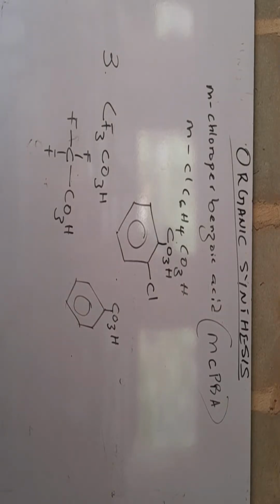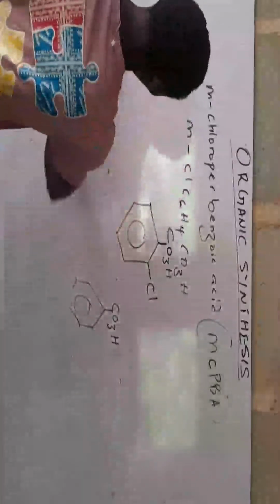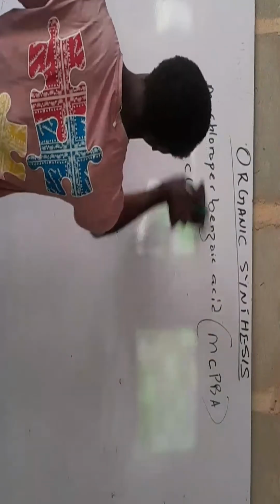They are usually prepared by the reaction of carboxylic acid with hydrogen peroxide.